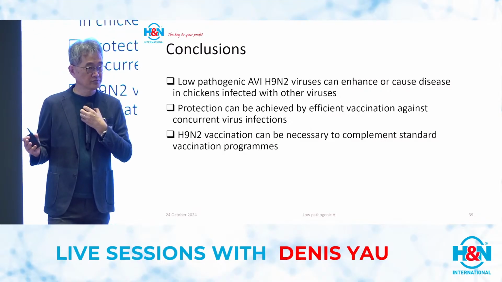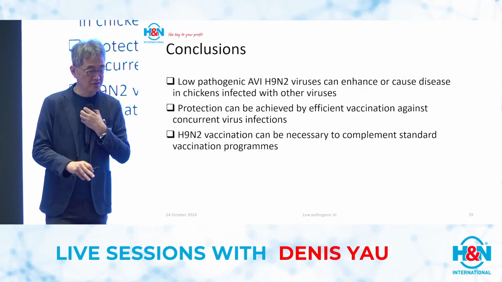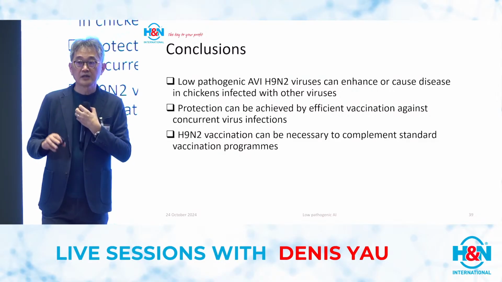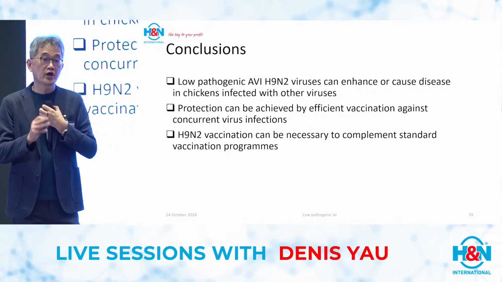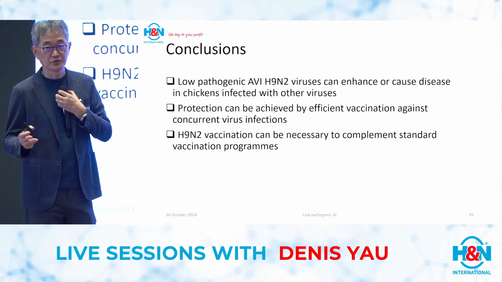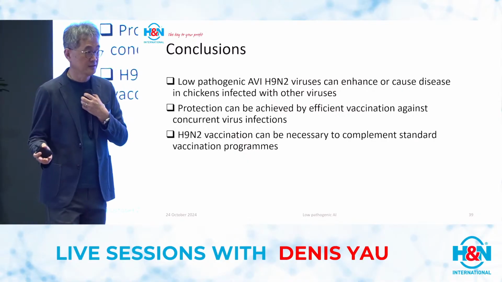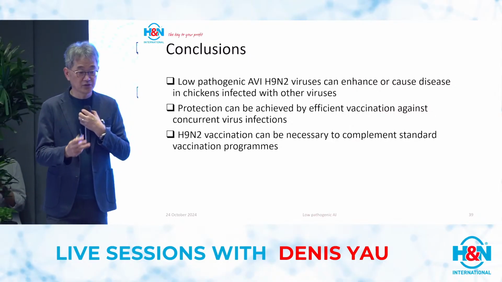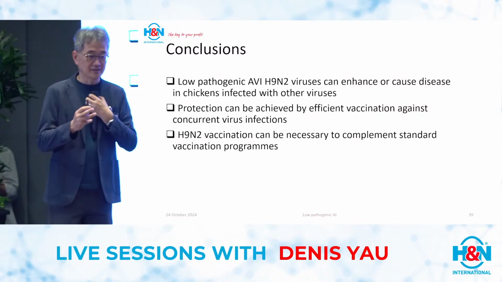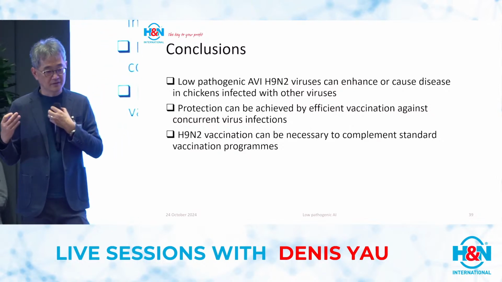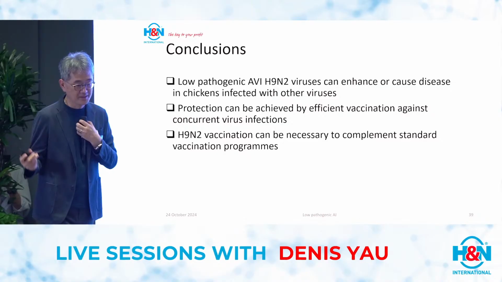So don't jump too fast on the H9N2 vaccination, in case you do not have the supply, or regulations that you're not allowed to, or you don't have the commercialized vaccine. Please look at the concurrent viruses such as ND and IB, for instance.